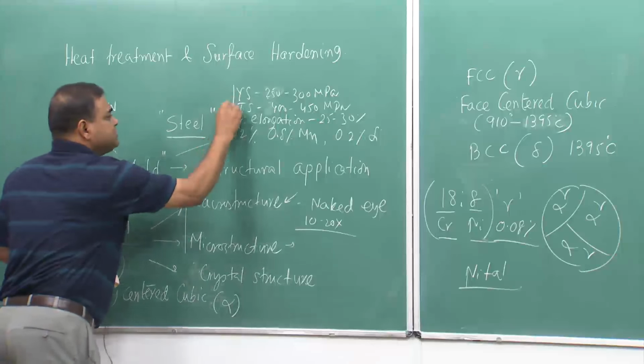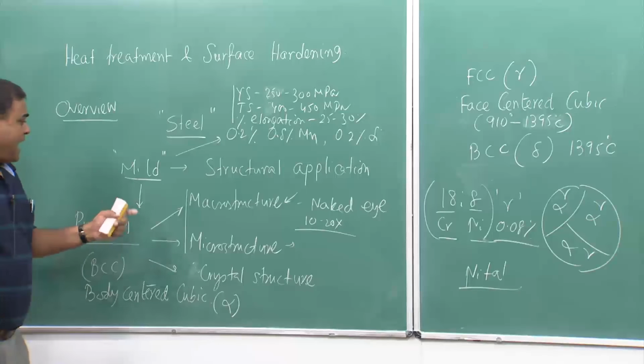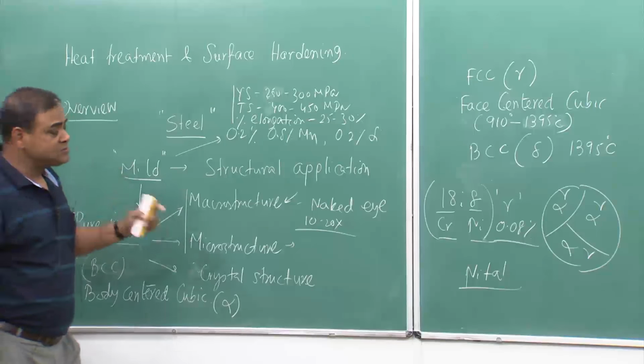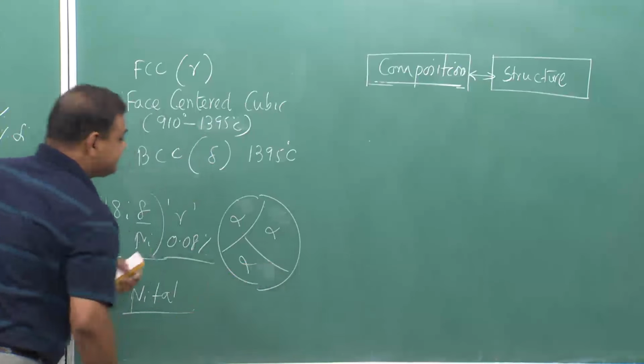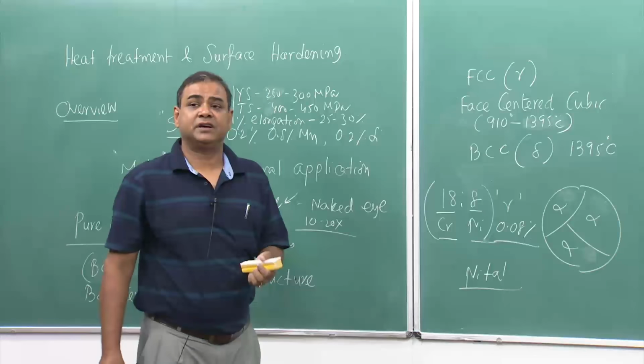Now, this is the property we get. And what is the microstructure? If we consider the same microstructure, it will be the same as alpha, which is called ferrite.